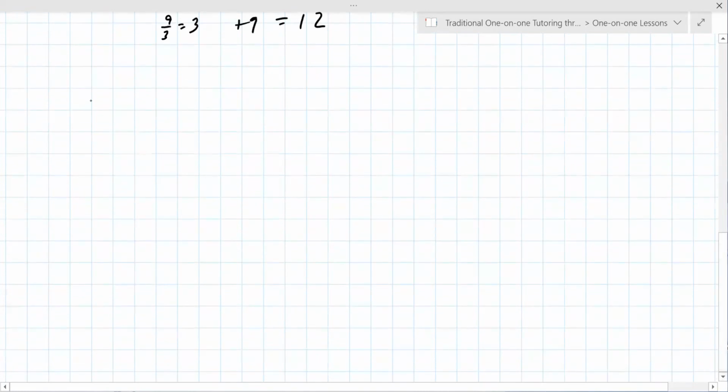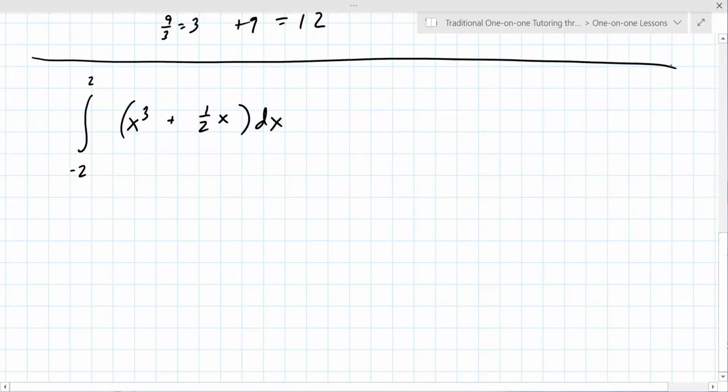Okay, so let's go integral -2 to 2 of x cubed plus 1/2 x dx. Okay, so then it's x fourth over 4 plus x.